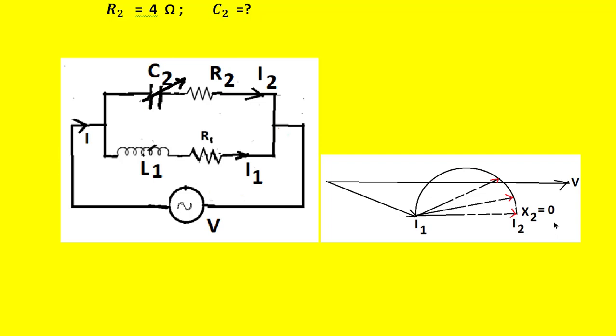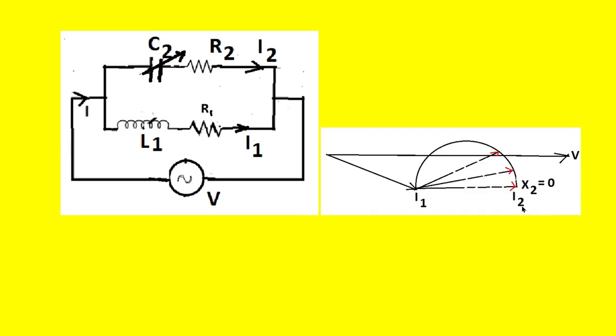When xc2 is equal to 0, then this I2 will be maximum, because only resistance is present, so the current flowing in the circuit is also maximum, that is V by R2. That V by R2 is the maximum value, that is nothing but I2.